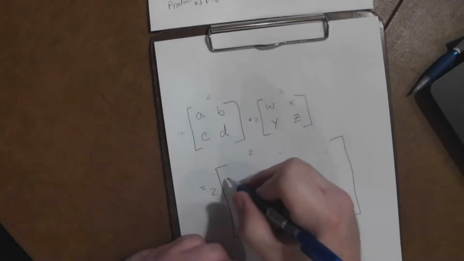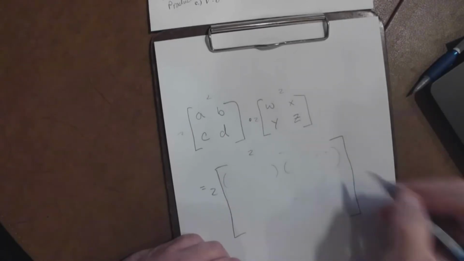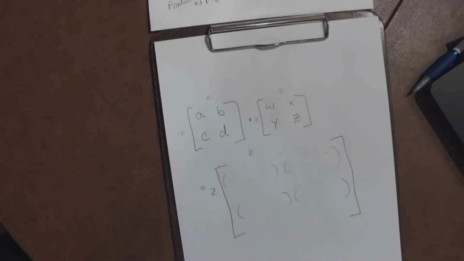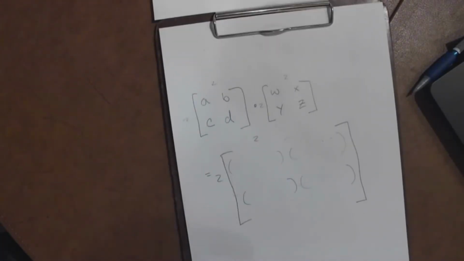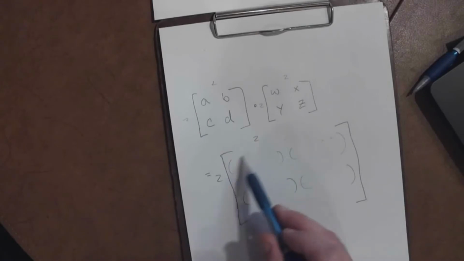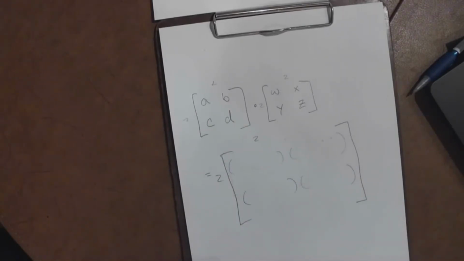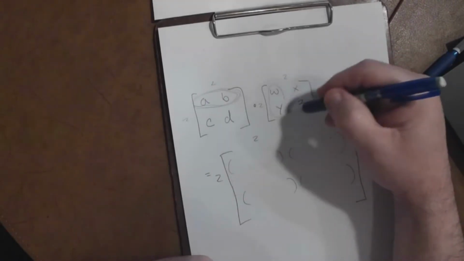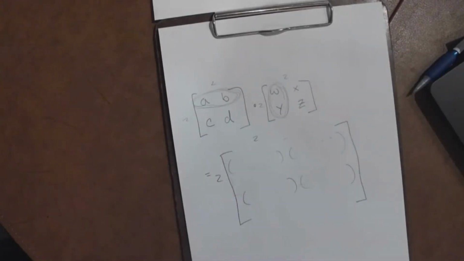We are going to form, as I had highlighted here, the 4 components of this 2 by 2 matrix that is going to be the dot product of the 2 given above. The first component of their product is going to come from what we call the row-column multiplication of the first row in our first matrix with the first column of our second matrix.